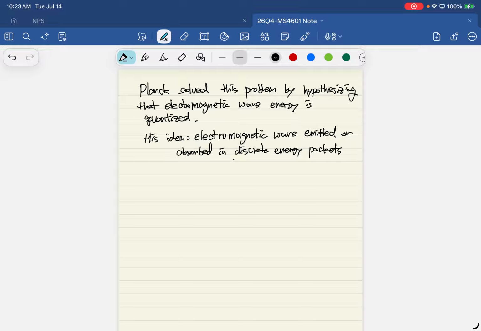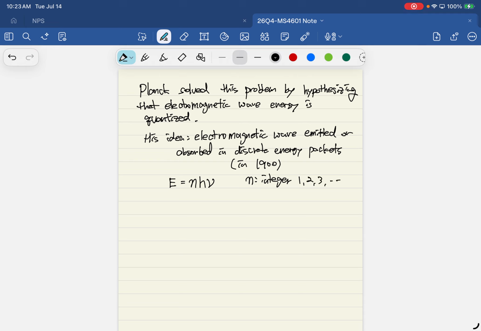Okay, so this idea was introduced in 1900, and with just this assumption, this crazy idea, he formulated that the energy of an electromagnetic wave has to be n times h times nu. Okay, so n is an integer. It has to be 1, 2, 3.